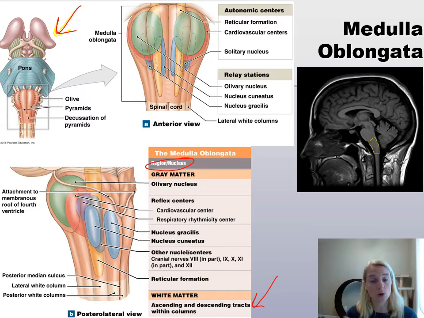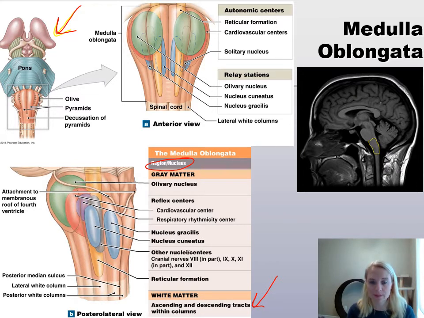So in the spinal cord, we also call them nuclei. We have the nuclei of somatic sensory and visceral sensory in the dorsal horn. The lateral gray horn was the visceral motor nuclei. The anterior gray horn was our somatic motor nuclei. So we've seen that word before, so hopefully that's cementing your understanding. Nuclei are collections of cell bodies that typically do a similar function.